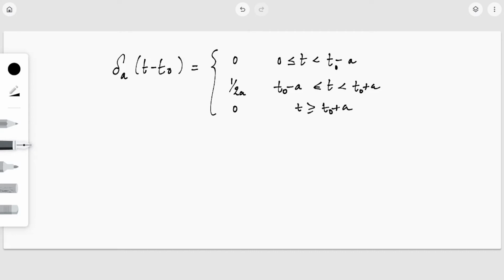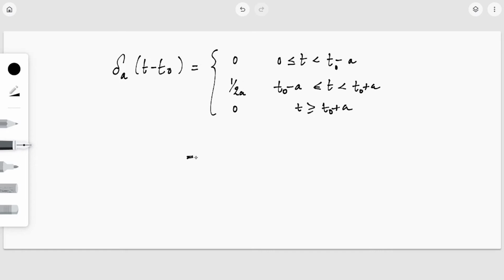So I'm going to write this delta a in terms of the unit step function that we have discussed earlier. Okay, so how can we do that? So from 0 to t dot minus a, it is taking the value 0, and when t is greater than t dot minus a, it is taking 1 by 2a. So if I take 1 by 2a out common, it is like 1.